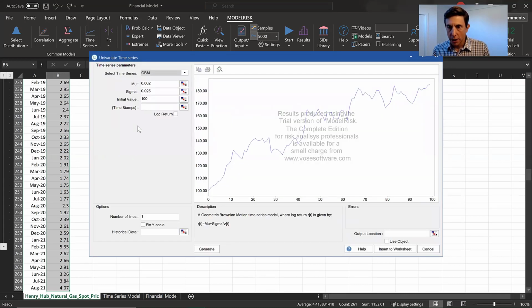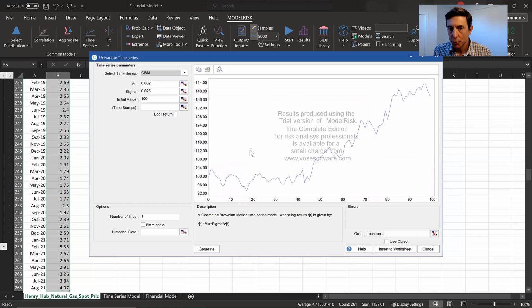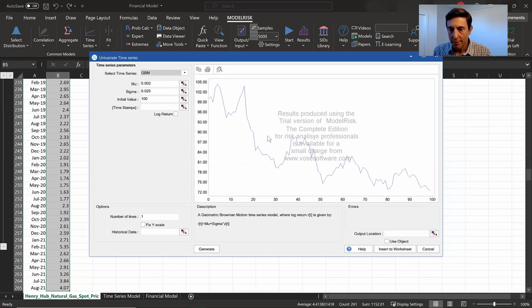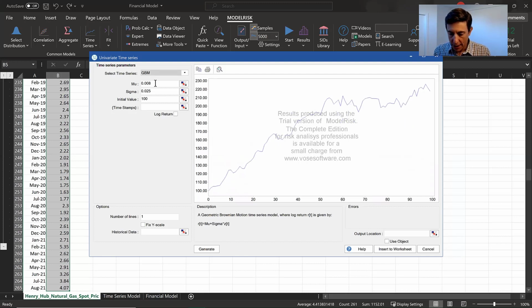For instance, we were just talking about the geometric Brownian motion, and this one is basically a random walk process with a drift. Mu is the drift, and we have volatility. If I increase that drift, that mu, from 2 to 8, we should now see the trend.